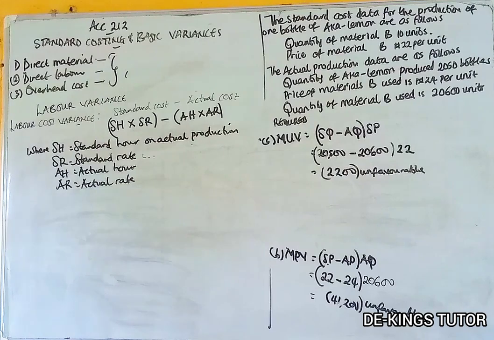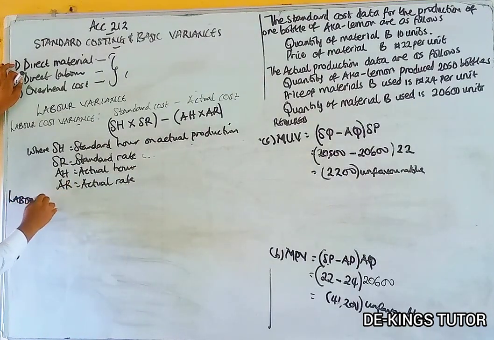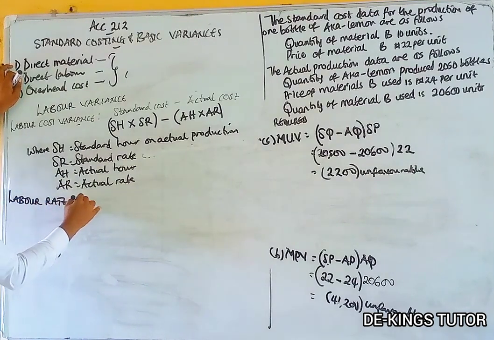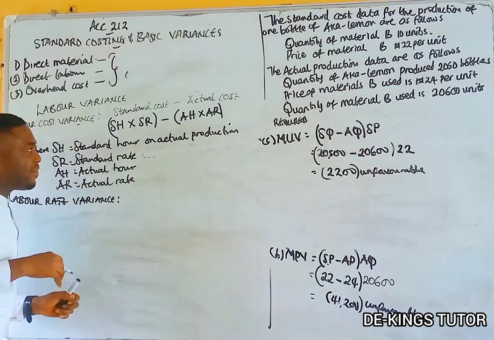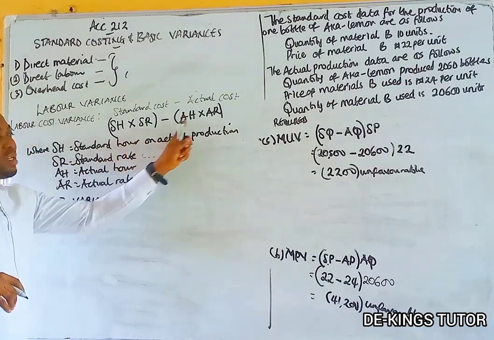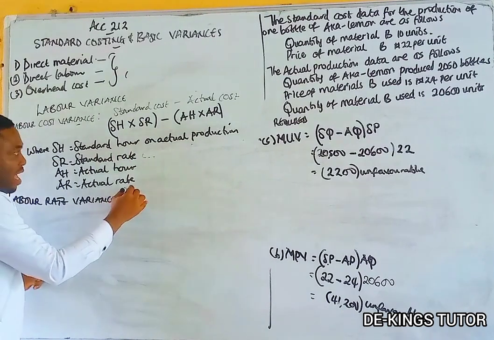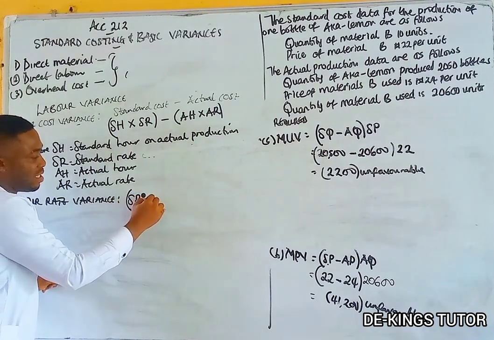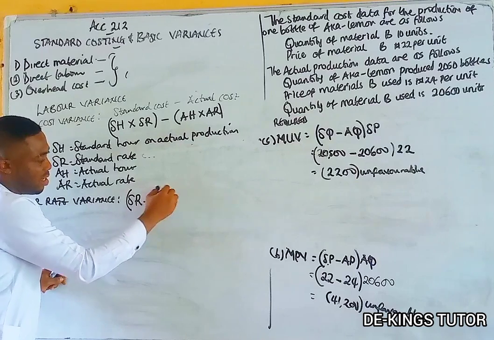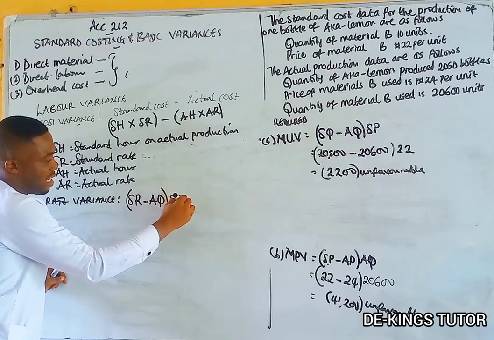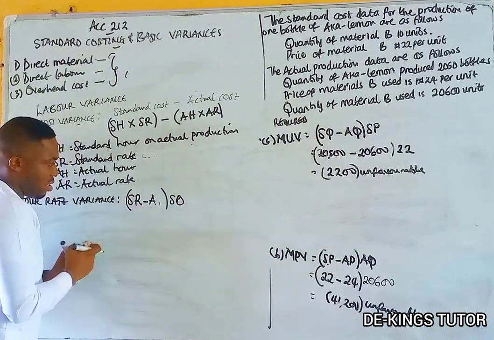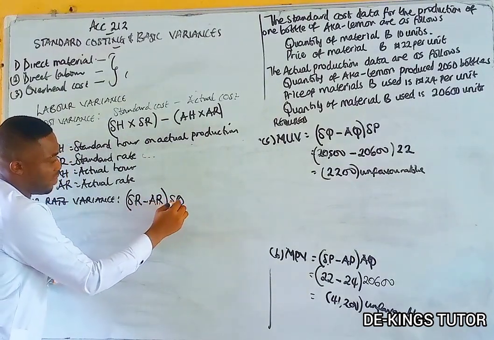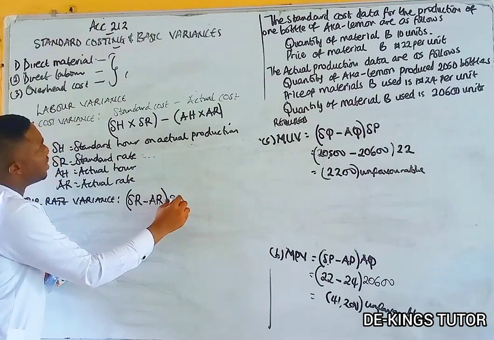While the second one has to do with labor rate variance. Now rates, now we're talking about what they are being paid. And that would be the standard rate minus the actual rate multiplied by the actual hour.